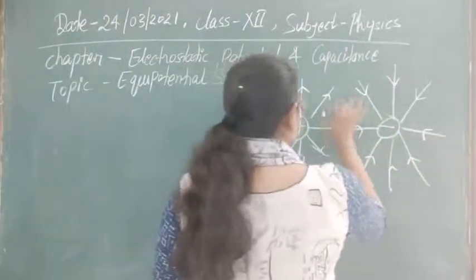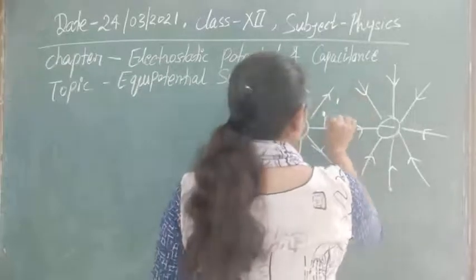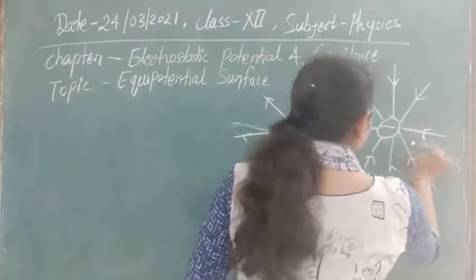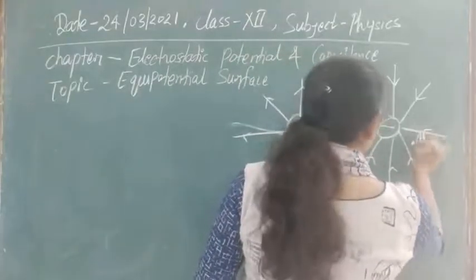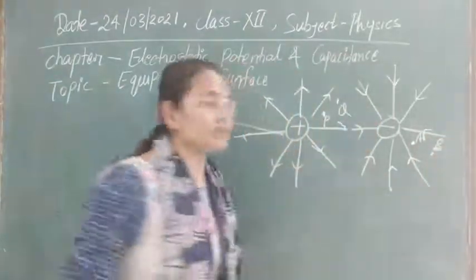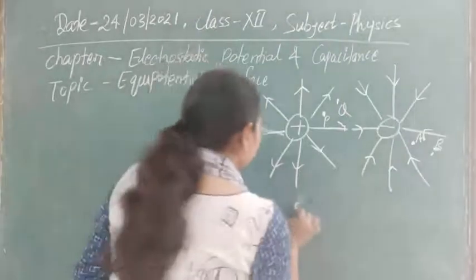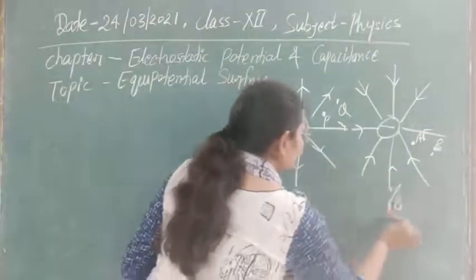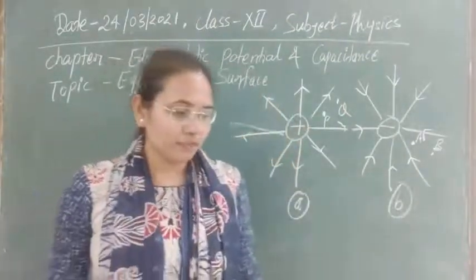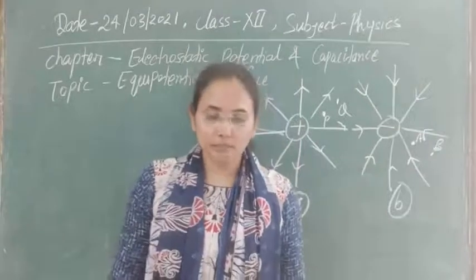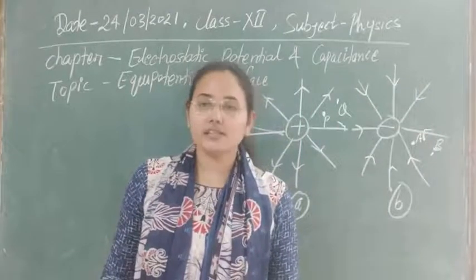There are two points given, P and Q, and in the other figure also two points, A and B. Now let's read the question. Suppose this is figure A, this is figure B. They show the field lines of a single positive and a single negative charge respectively.